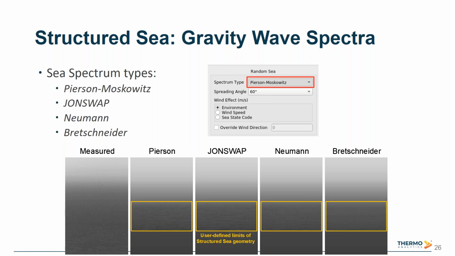It is based on measurement data from seaways near coastlines in the North Sea off of the Danish coast. The Neumann uses a wide spectrum for open seas based on wind speed with a single empirical parameter. It's a historic model that has been more recently supplanted by multi-parameter spectra.